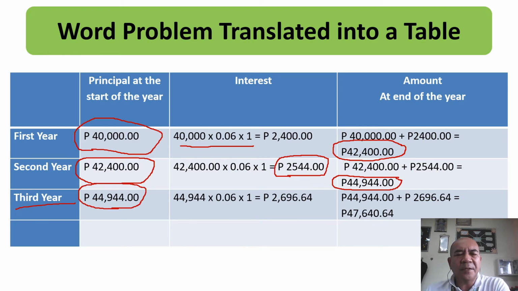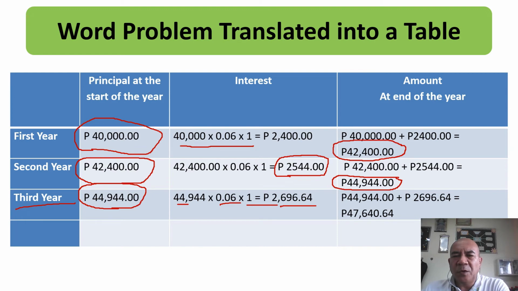Now in the third year, you incurred 44,944. So again, you're going to solve for the interest. It's 44,944 times 0.06 times 1 is equivalent to 2,696.64.